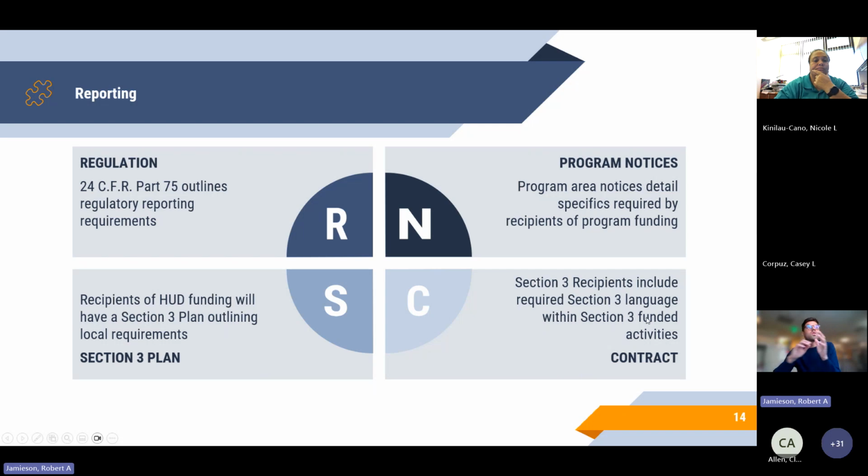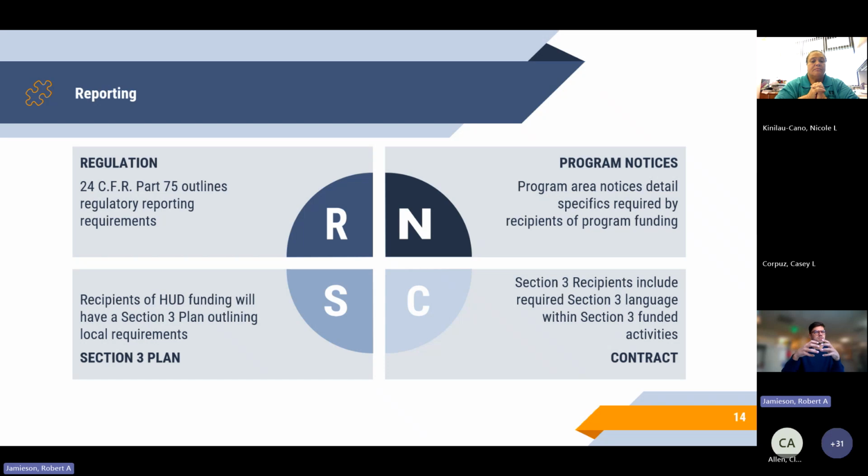Okay, so reporting. Again, the CFR outlines reporting requirements. One thing that's more of a best practice, that's not technically a requirement, is having a Section 3 plan in place. Who this benefits most is, first and foremost, you all as the grantee, but then being able to share it with general contractors, because I've found that a lot of the success in reporting and being compliant in Section 3 almost falls on them.